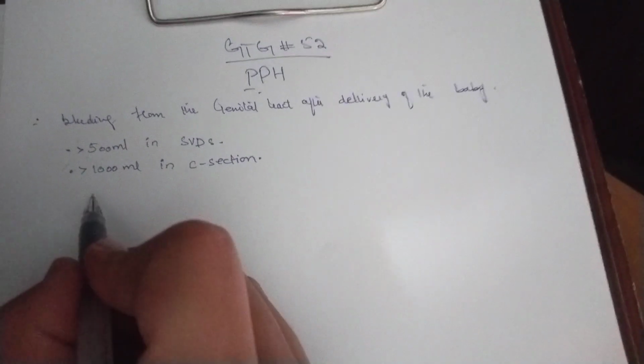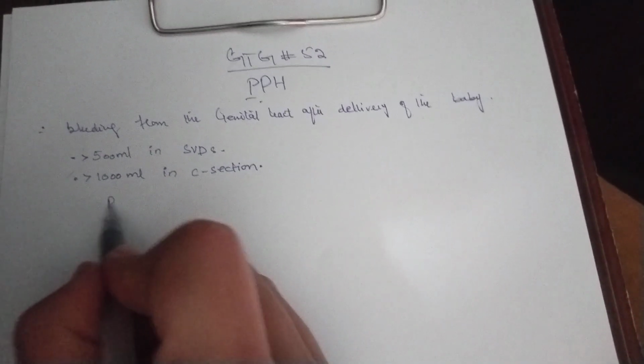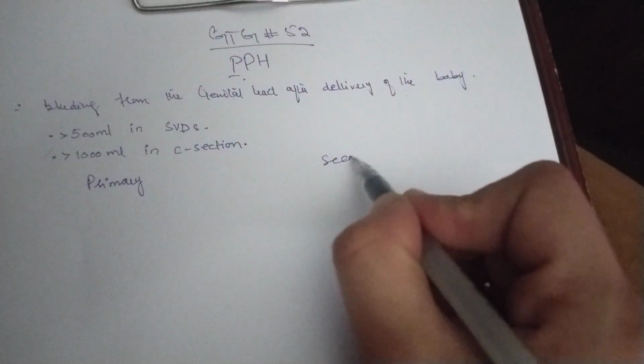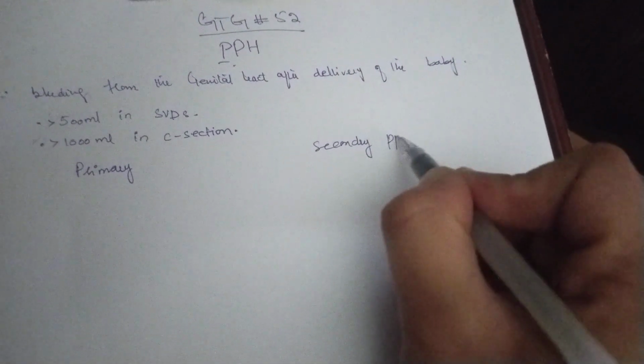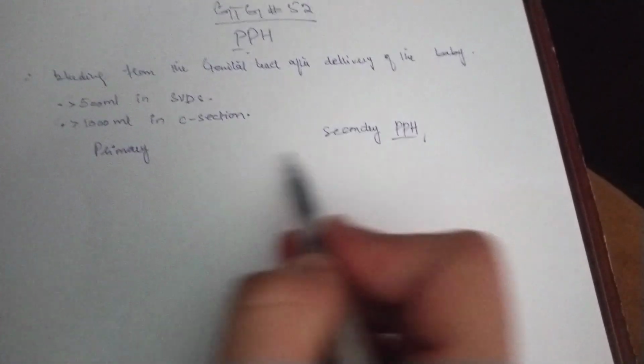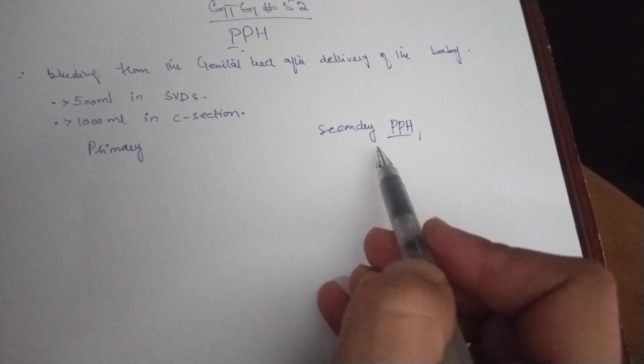Okay, then the PPH we have divided into two types: primary PPH and secondary PPH. This guideline mainly covers the primary PPH, but at the end we'll also be talking about secondary PPH a little bit.